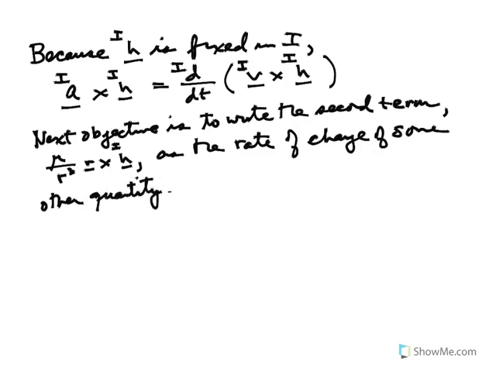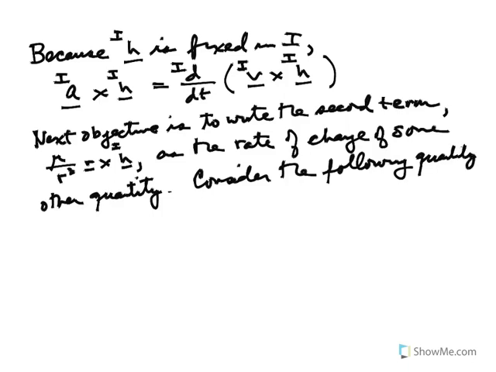So here's how that's going to be done. Consider the following quantity, which is mu times the rate of change in I of the position divided by the radius. Let's see what we can do to make this a little more tractable.